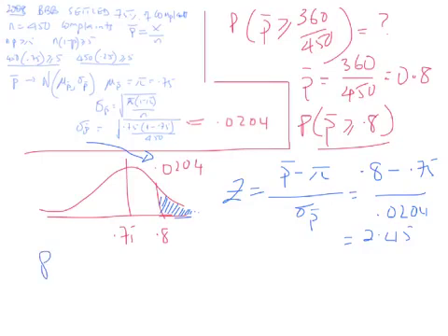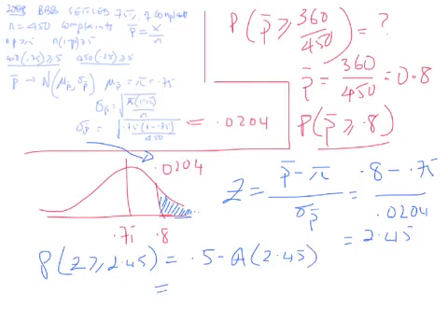As a z value, we have 2.45. So the probability that z is greater than 2.45, that's the area in the tail, would be 0.5 minus whatever area is associated with 2.45.